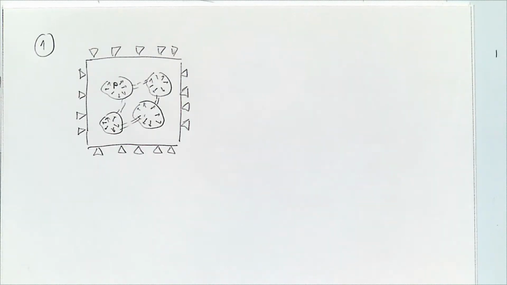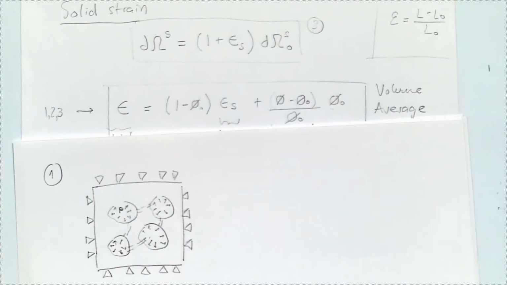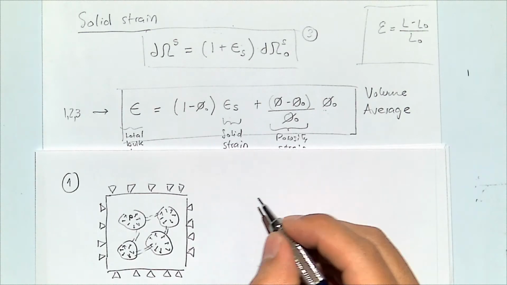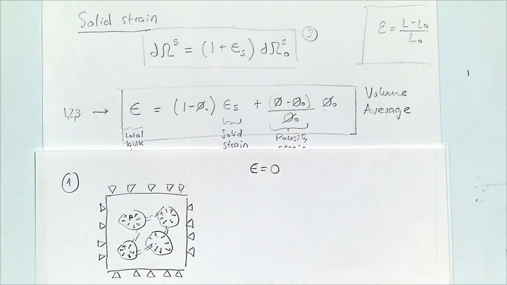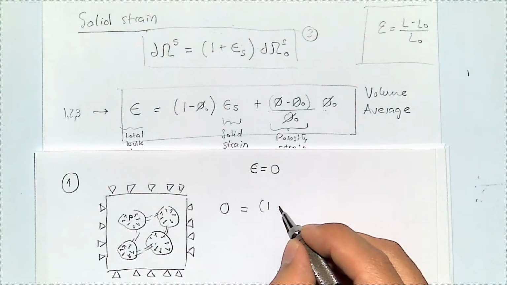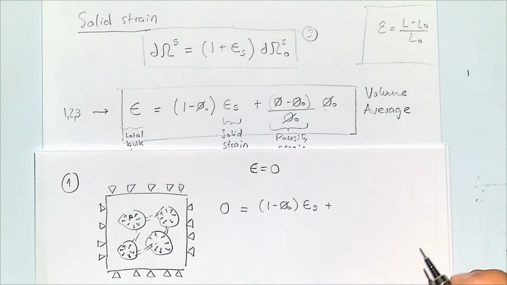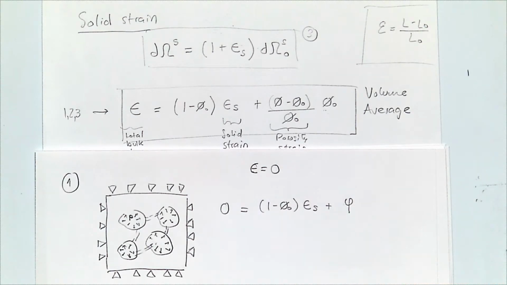If this is the case, then from our equation above, that means that the bulk strain is going to be 0. And therefore, this is going to be equal to this times that plus the change in porosity, which here, in order to save some space, I'm just going to write as a letter phi.